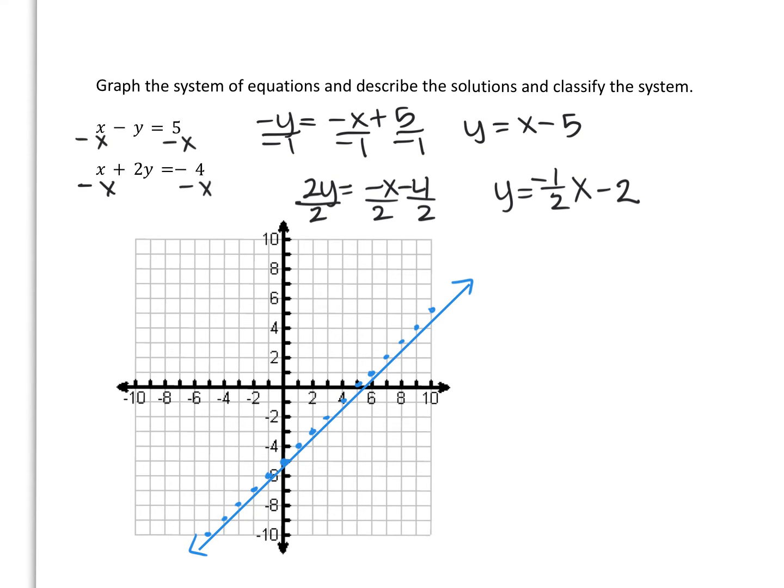And then my negative 1/2 x minus 2, you should get a line like this. So when I look for my solution, it's where they intersect, which is at 2, negative 3.